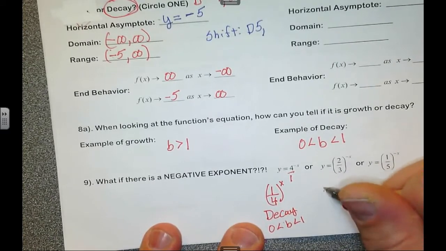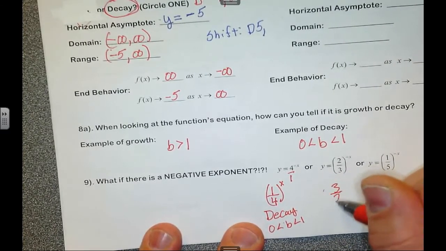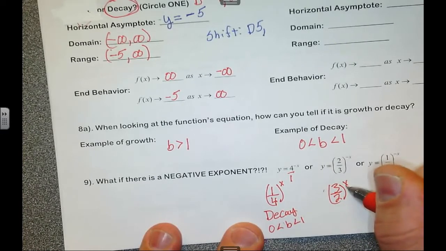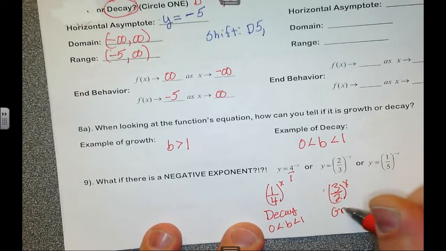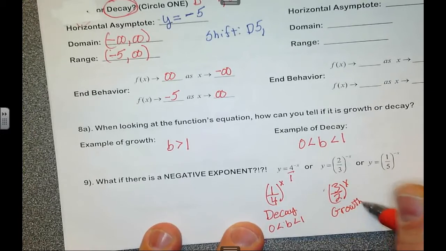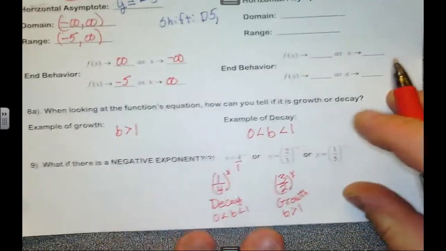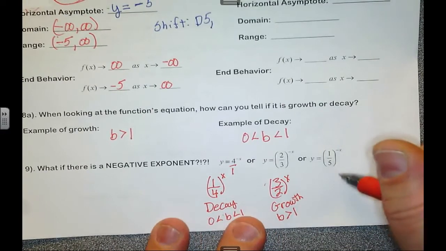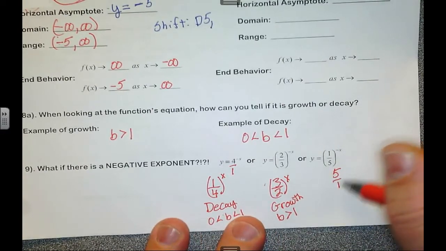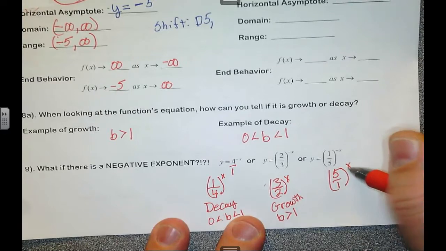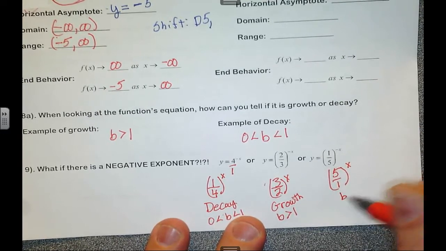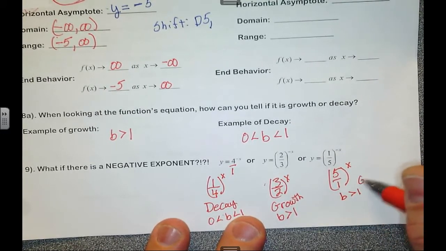Flip this. Three has the x growth. Even though it's a fraction, it's still greater than 1. It's 1.5. 1/5, flip it, 5/1 to the x, so my b is greater than 1.